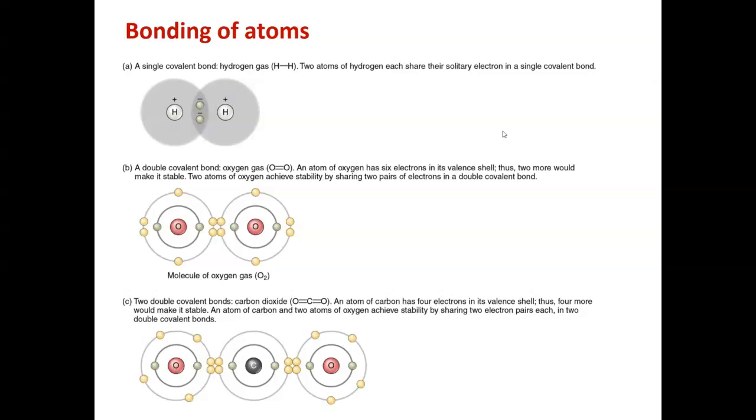That's what they like to be. And just like people, married people are always happier than single people, right? Atoms are happier married than single. This is why two hydrogen atoms would come together to form a molecule, so that they're both stable.